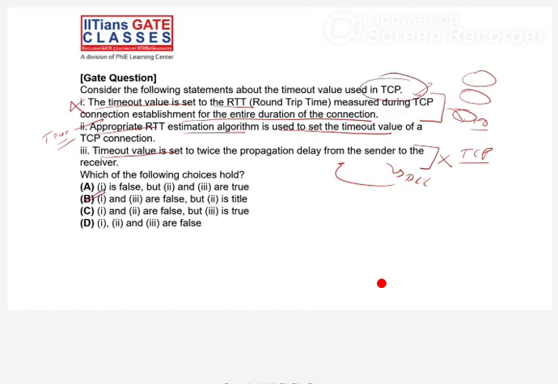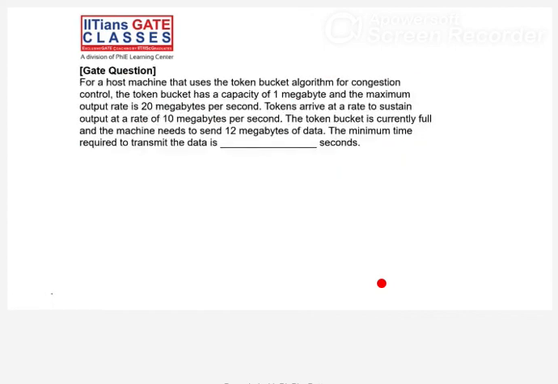So two things are very important in DNS: your searching time and your propagation time. Searching time means the time to search the IP corresponding to a domain name in the database.